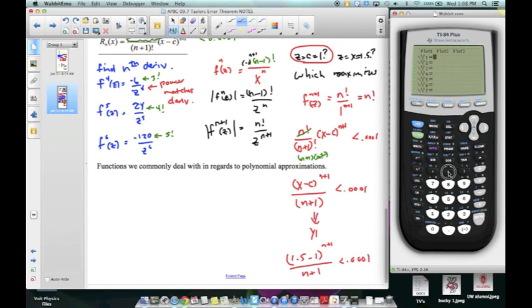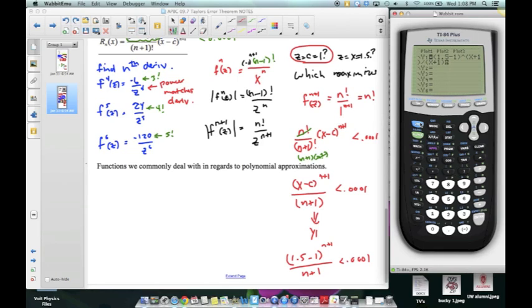I'll just put that in as 1.5 minus 1, raise that to the quantity x plus 1 power, and divide that by the quantity x plus 1.